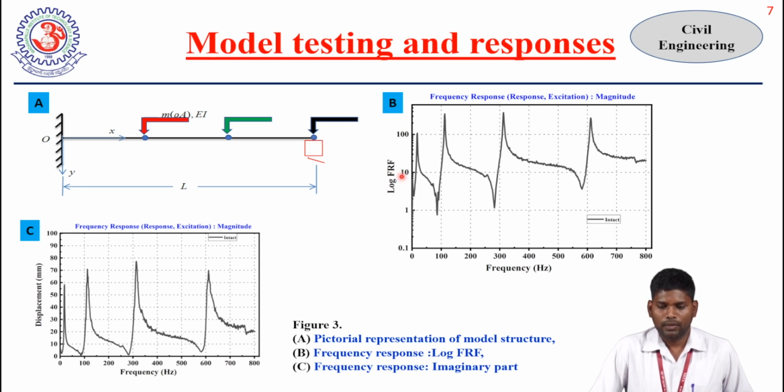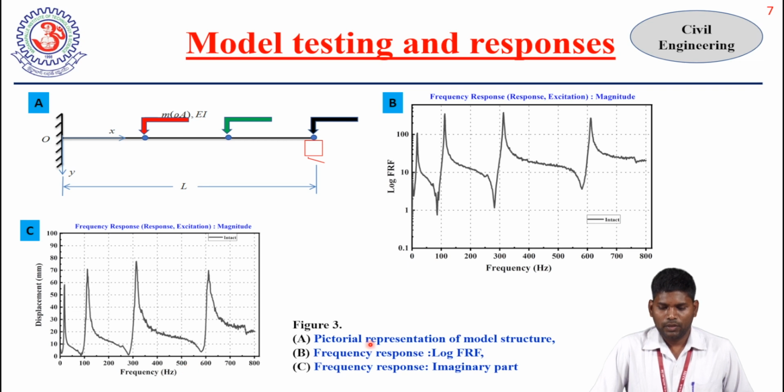So after having this impact and response, we may have this frequency plot. It is shown as 0 to 800 Hz and log FRF. In logarithmic scale, we have the frequency response function, and in the second one we are going to record the response as displacement with respect to frequency.